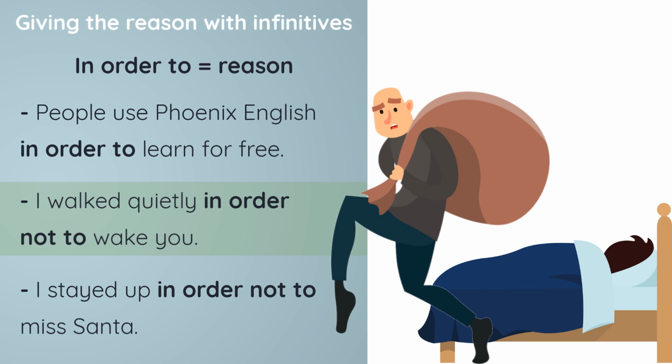So I've put that in a sentence. I walked quietly in order not to wake you. So in this case, the only difference is we have added the word not here because we don't want to wake you. What's the infinitive in this example? To wake. So again, we have our preposition and the verb wake.